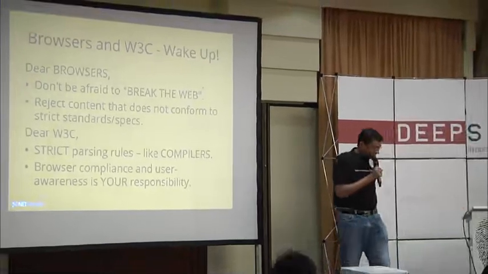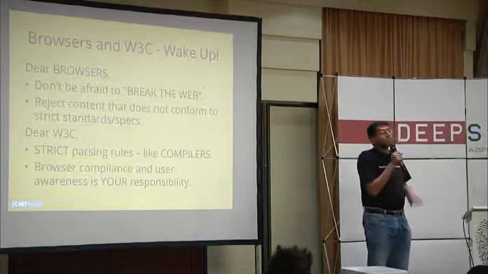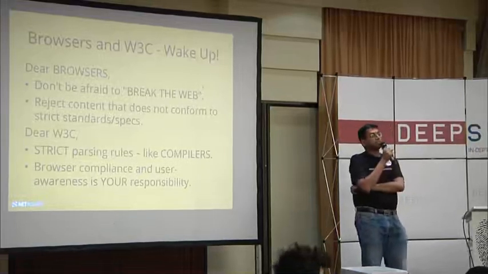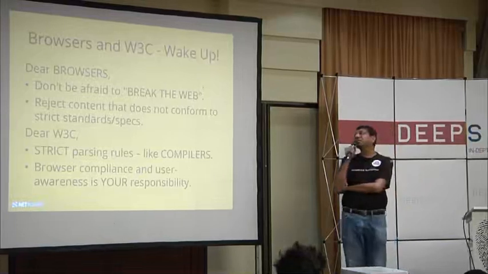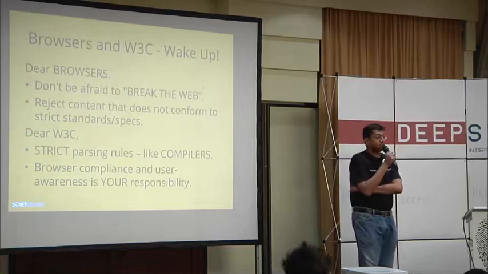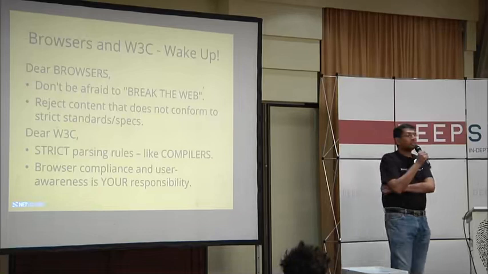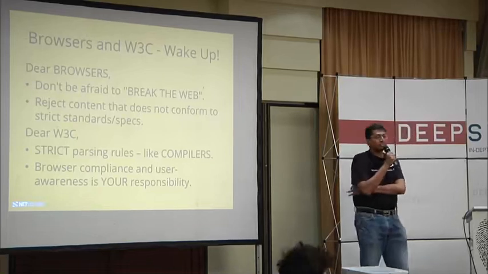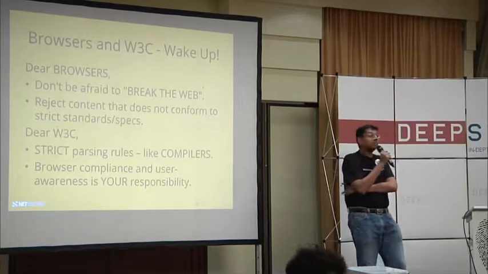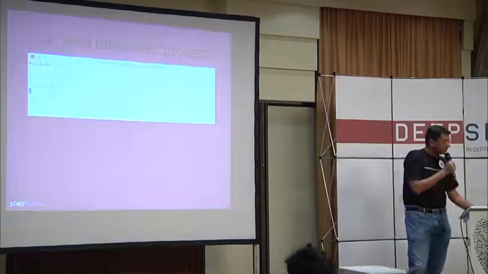I've talked to the security folks at Firefox, and it seems both of them are really afraid to break the web. Somebody's got to take that first step, you know, boo bloody hoo, let people cry. Like I said, they'll get over it. But that is the first step. You got to make browsers like compilers.